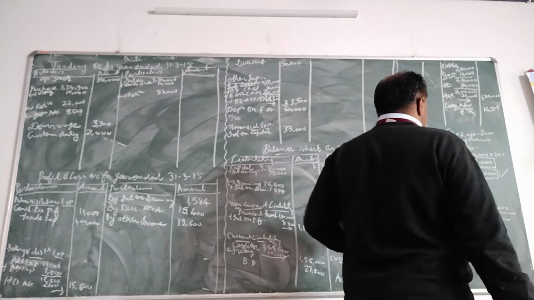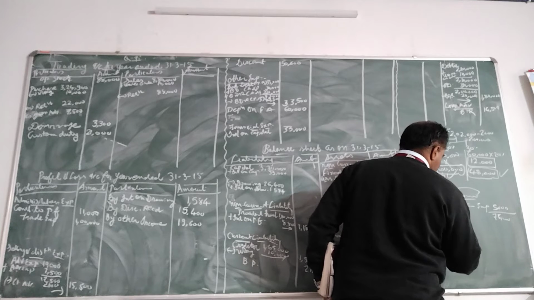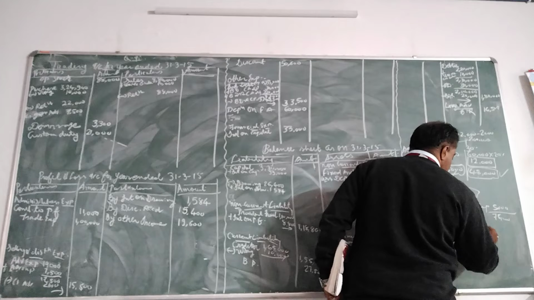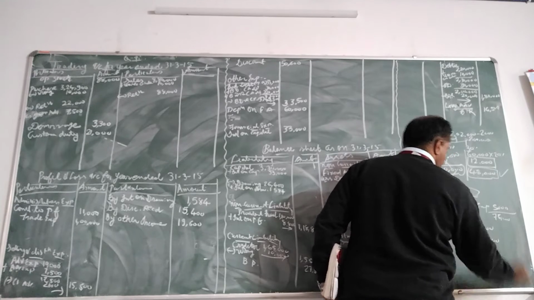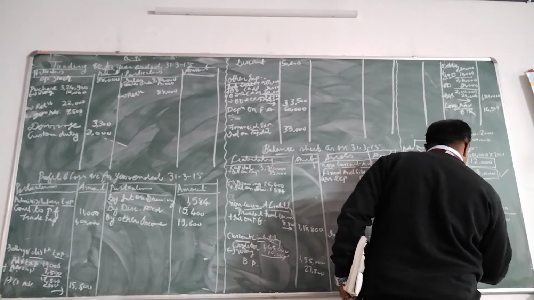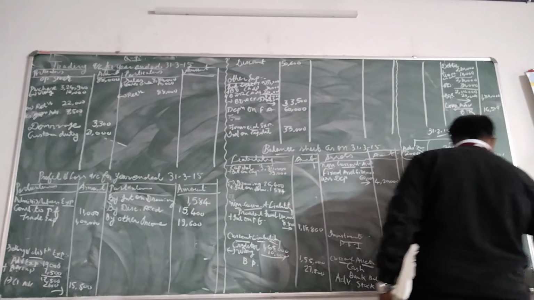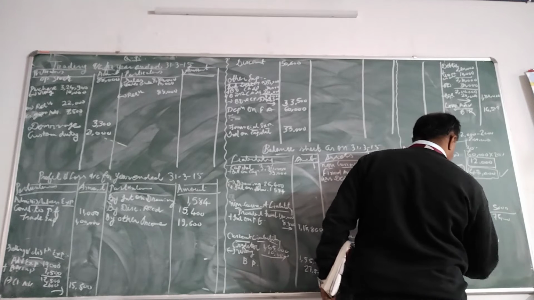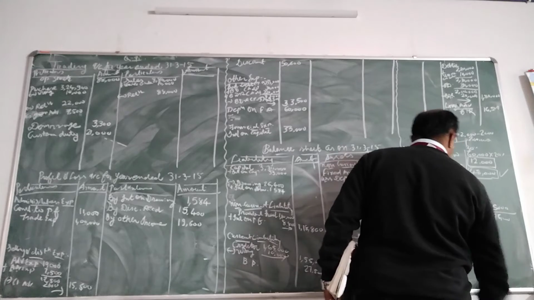So 60,000 plus 48,000 plus 75,000 gives a total of 1,83,000.